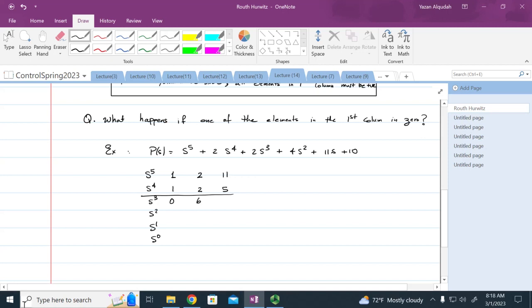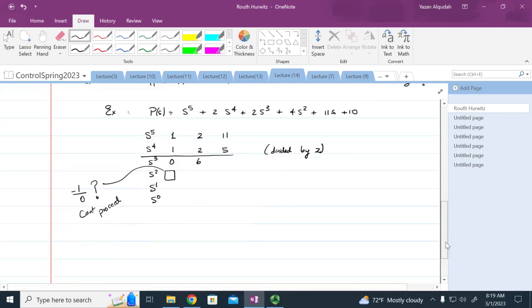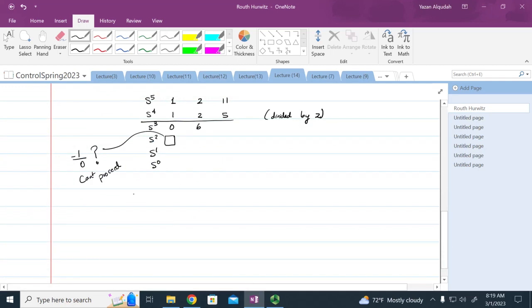Second entry we can calculate. Now if I come to calculate the entry here, I'm going to have a problem because I need to take negative 1 divided by 0. And you see here I divided by 2, so I had 2, 4, and 10. Okay, so let's see what we do if we have a first entry in the row that is a 0.